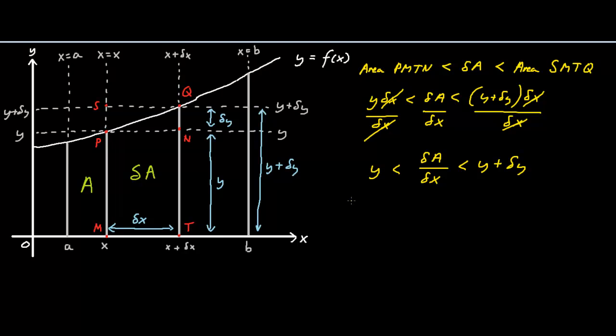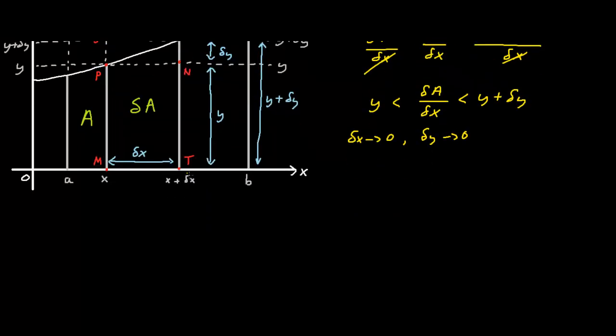Now, as many of you know, as change in x approaches 0, change in y approaches 0. We also know that in the limit, as change in x approaches 0, change in area over change in x becomes dA over dx.